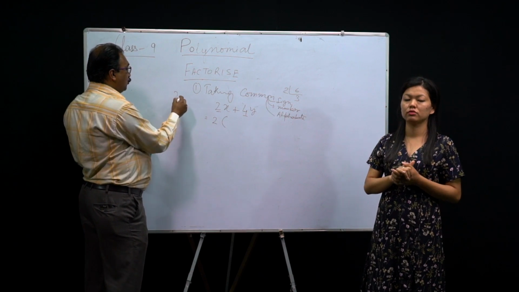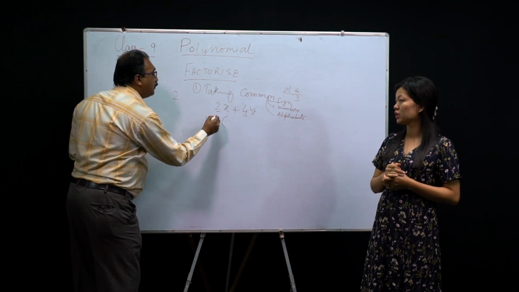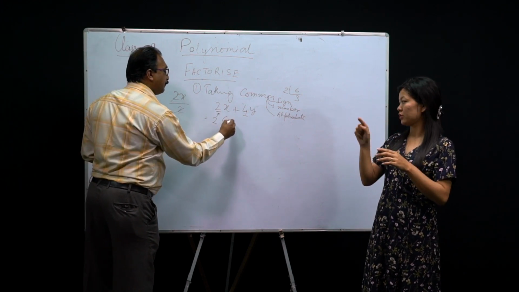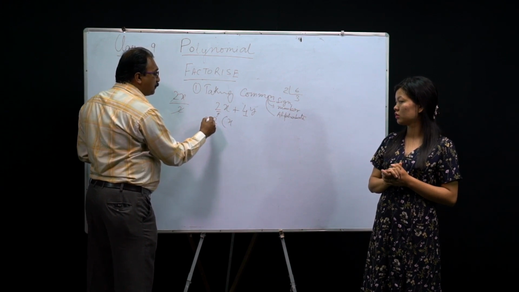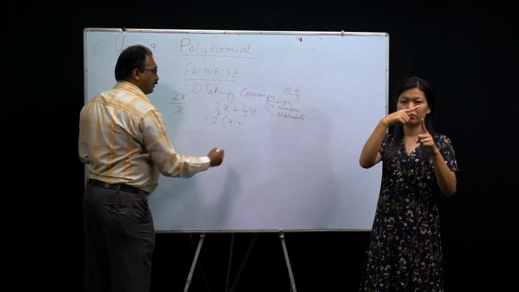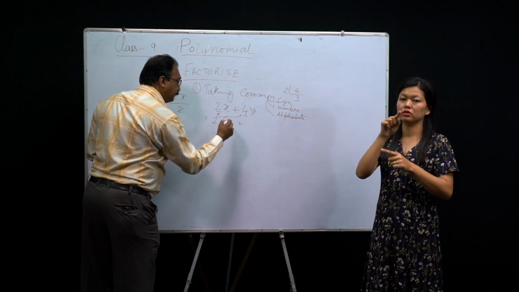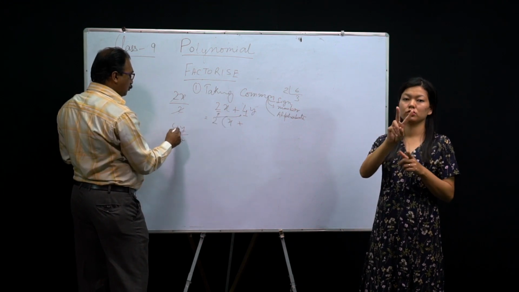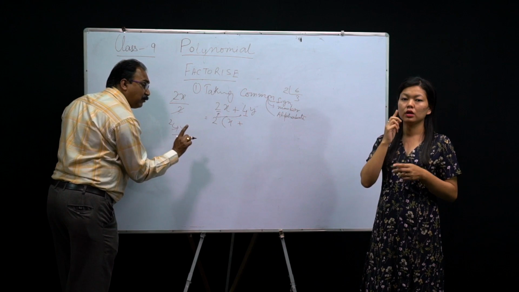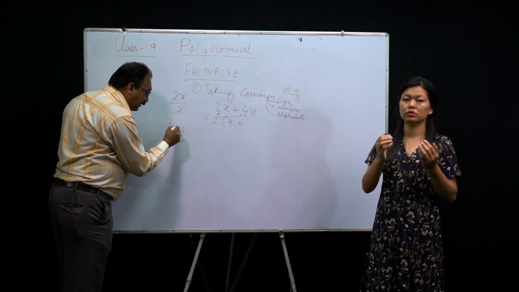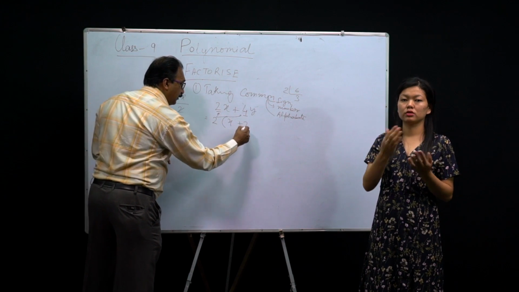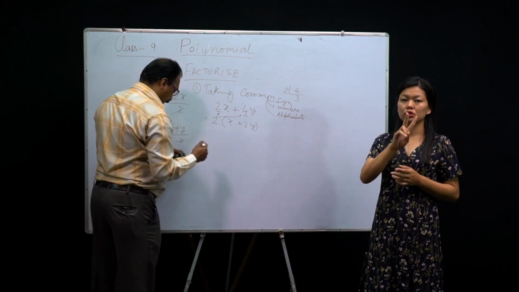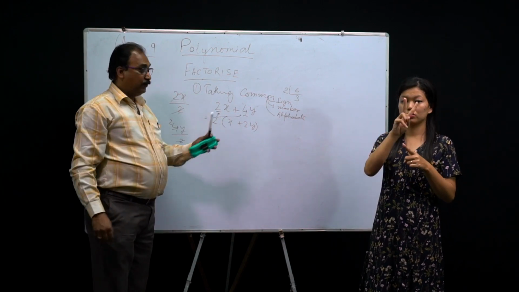I divide each term by 2. 2x by 2, cancel, you get x, with plus sign. Then 4y divided by 2: 4 into y, so we can cancel and get 2y. So we get 2 into (x plus 2y). This is called factorize by taking common.